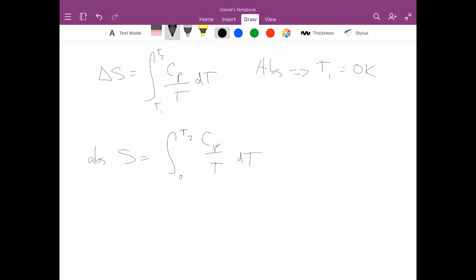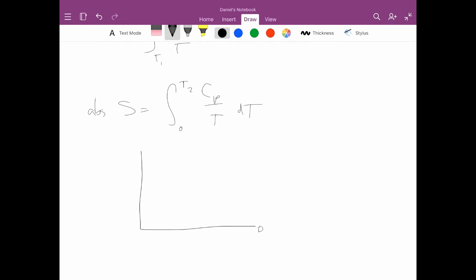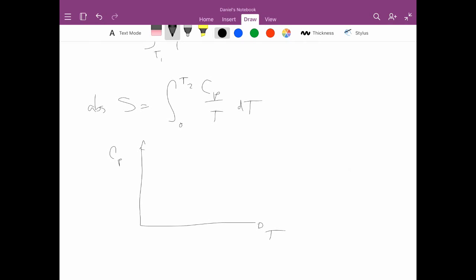And the way this is experimentally worked out is you will, across a range of temperatures, measure the heat capacity, and you'll get this interesting graph here with a bunch of different points. And you usually can't actually measure it all the way down to 0. So what you'll do is you'll just extrapolate and get this portion of it.